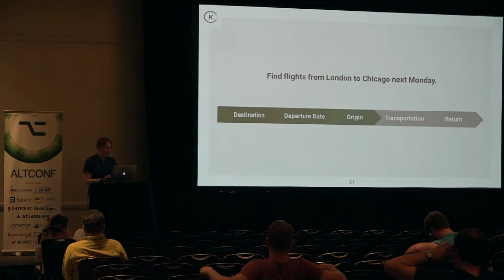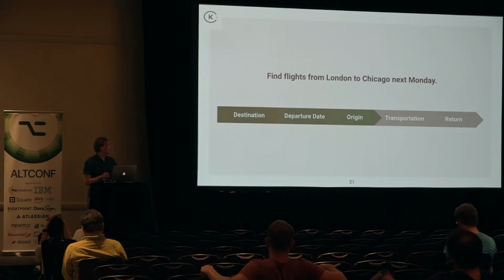Suddenly, here we have 2 places. We have London and Chicago. And we have no reliable way of telling which is which, which one is the origin, which one is the destination. The NLTagger will tell us that there are 2 places, but that's all it can do at this point.